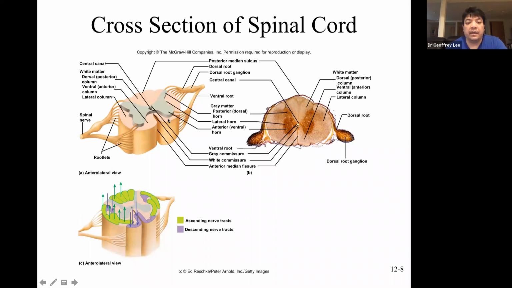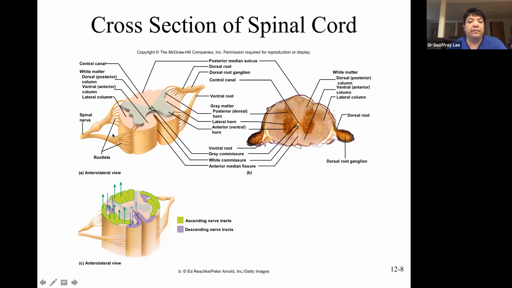Now, the answer on why we don't have a ventral root ganglia, why there's no bump here, is simple, right? The cell bodies of motor neurons are found here. They're found as part of the spinal cord. Because the cell bodies are found there, only the axons exit out. And those axons are flat.